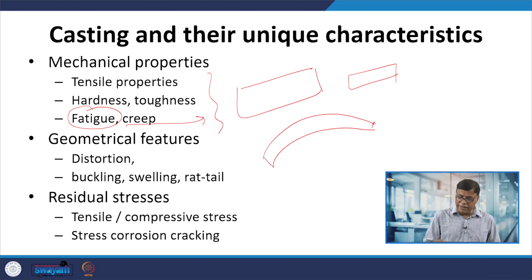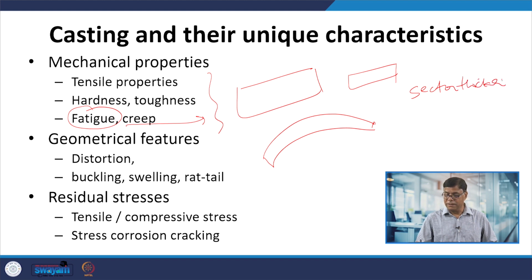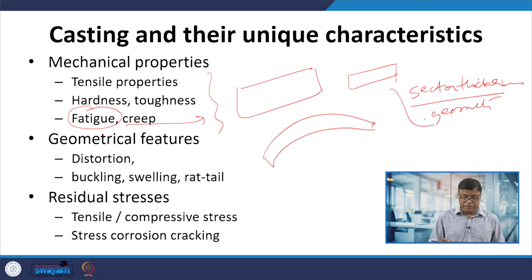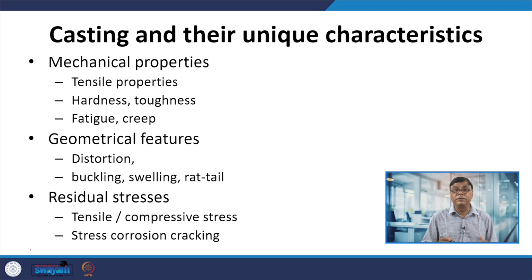The variation in section thickness and the geometry, these two lead to differential contraction during the cooling after the solidification. Okay. So, differential contraction during the cooling after solidification leads to the development of residual stress.